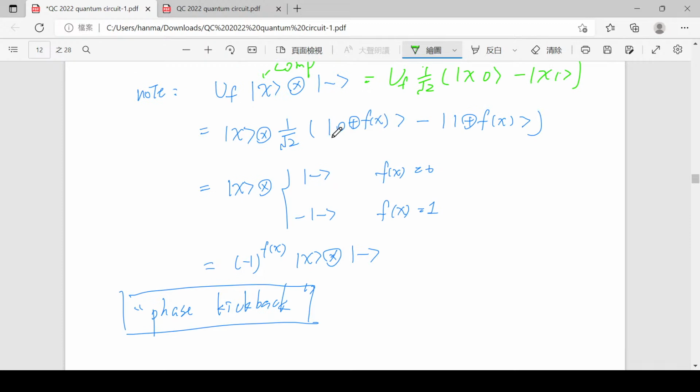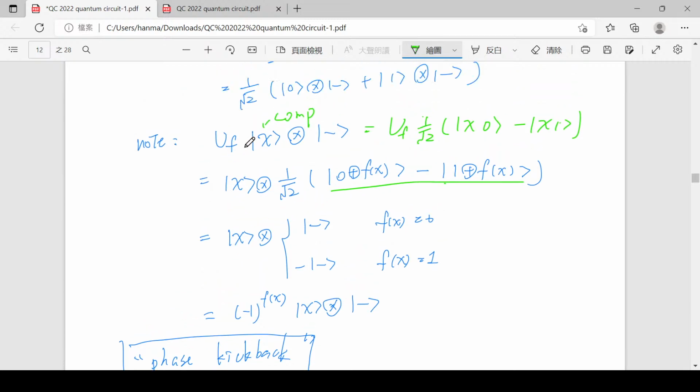So what is this whole thing when you consider f of x being 0 or 1? Well, obviously if f of x is 0, then nothing happened here, so this should stay as the minus state. But if f of x equals 1, then this becomes 1 minus 0 instead of 0 minus 1.